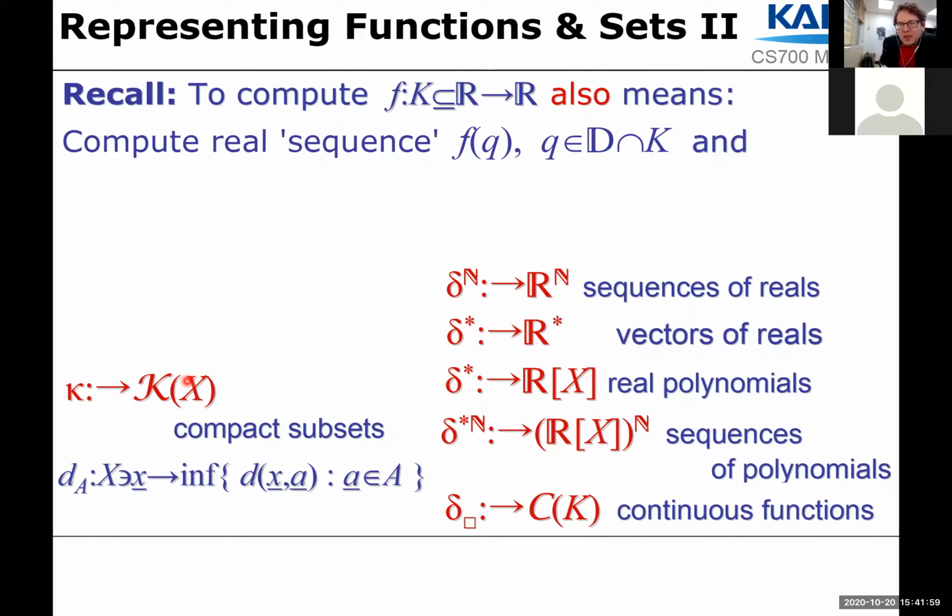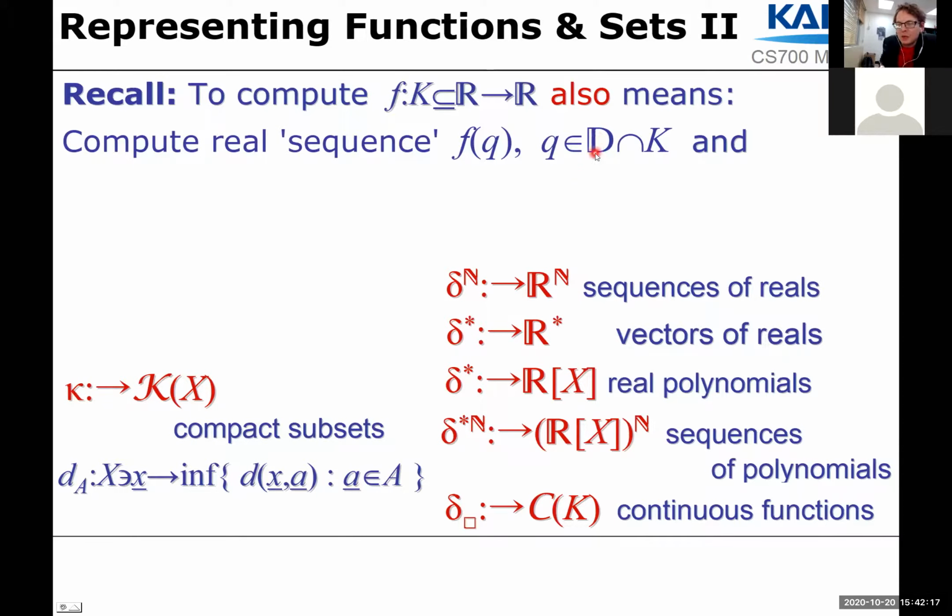The first, the sequence of values of this function on a dense sequence, dense in its domain, let's say all dyadic rationals that belong to this compact subset. This is a countable set, right?